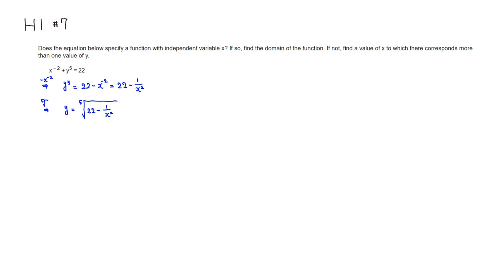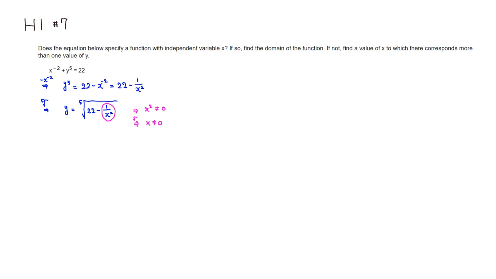But we notice that 1 over x squared is part of the formula, and we cannot have 0 in the denominator. So we have to make sure that x squared is not equal to 0, which means, taking the square root, x cannot be equal to 0. So the domain would be all real numbers except for 0.